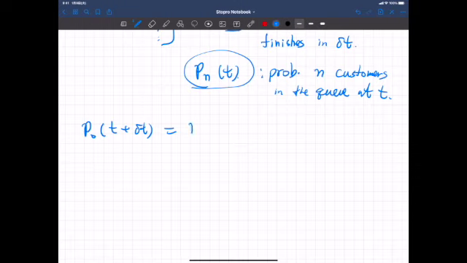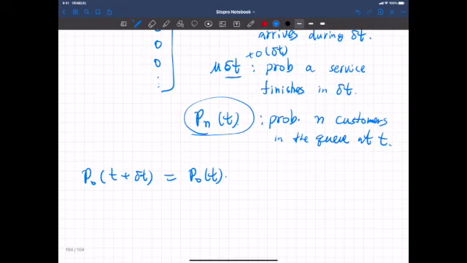Suppose there are no customers at time t, then what should happen is that there should be no new customers arriving. So that probability will be 1 minus lambda delta t.